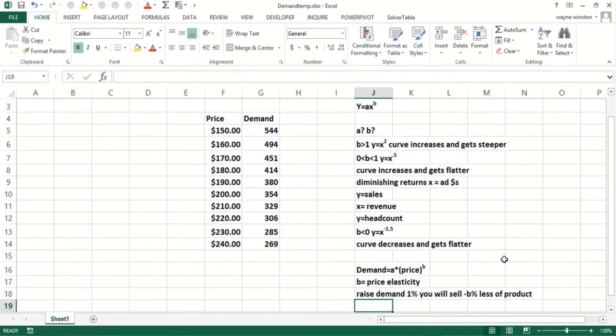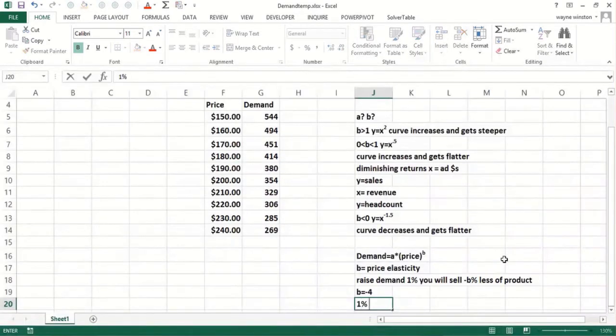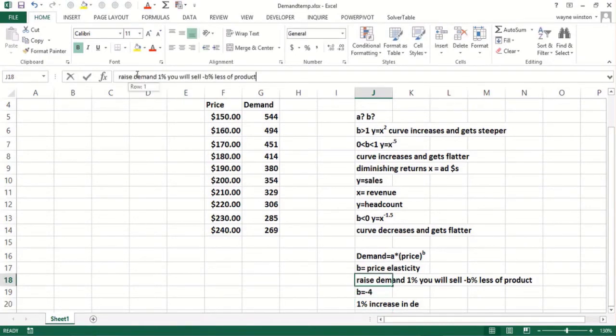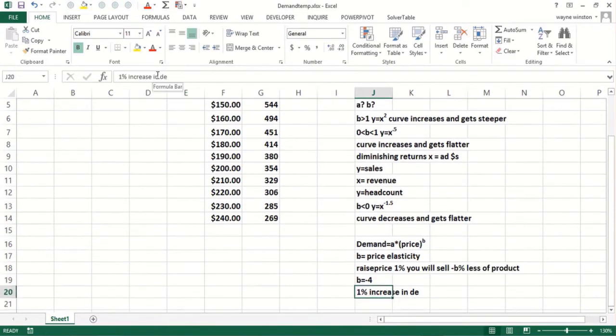So in other words, if B would equal minus 4, a 1% increase in price leads to minus a minus 4 or 4% drop in demand.